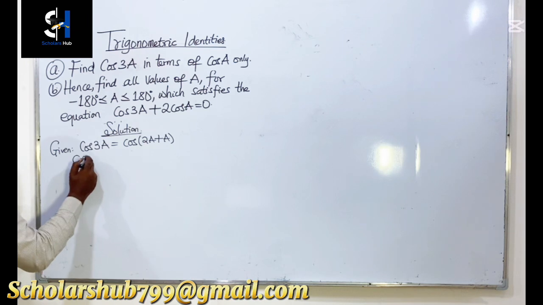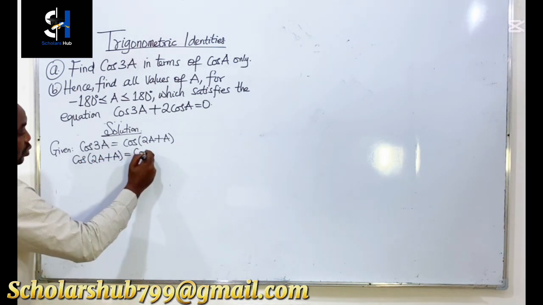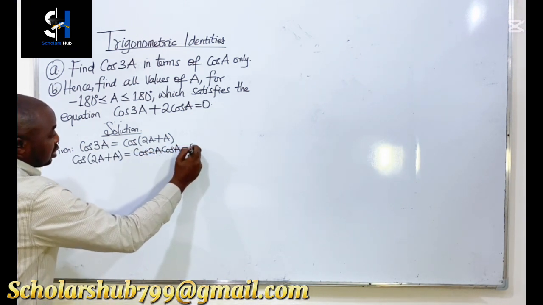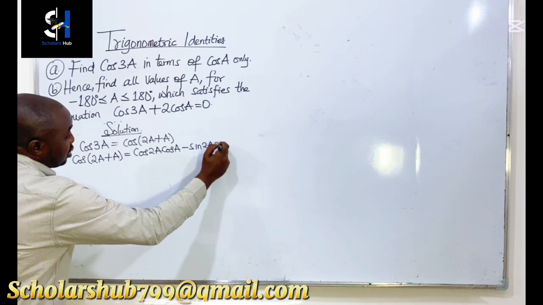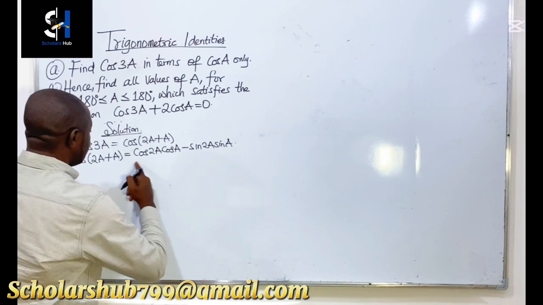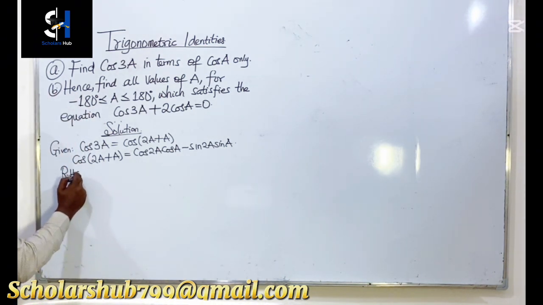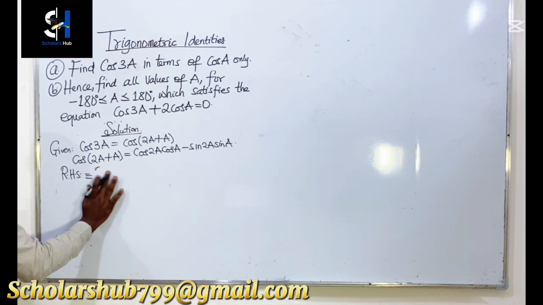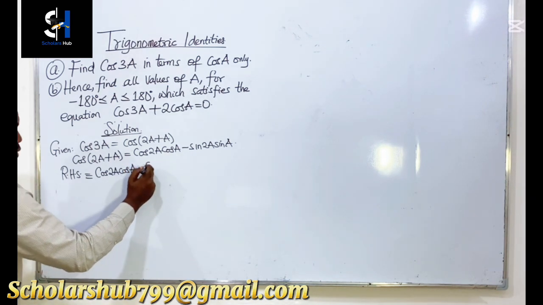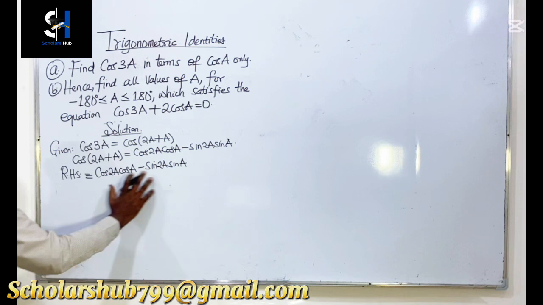So cos of 2A plus A will be equal to cos 2A cos A minus sine 2A sine A. Remember, this is the sum formula. So the right hand side is cos 2A cos A minus sine 2A sine A. That's the right hand side.